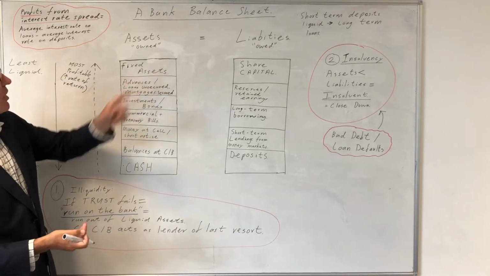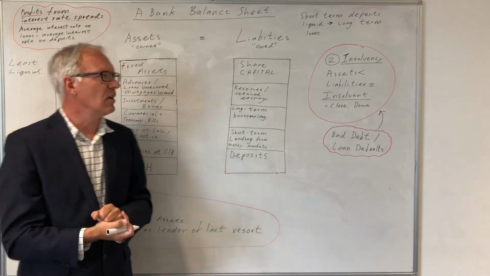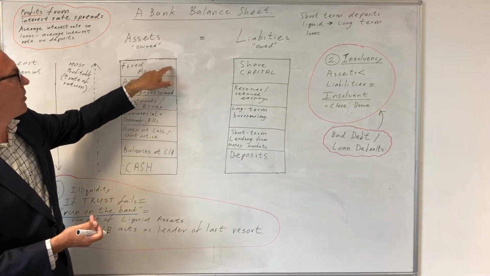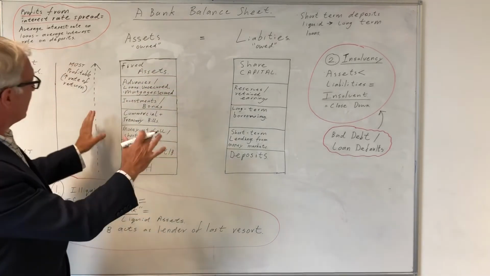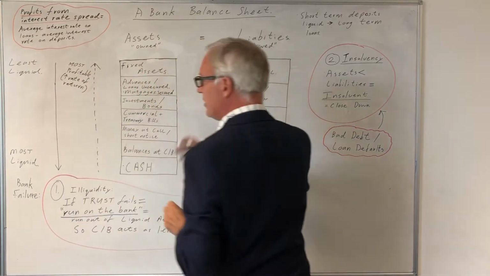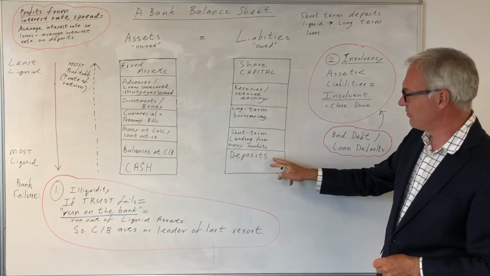Now, the bank obviously owns some fixed assets, such as its building, maybe land, and these are relatively illiquid because they'll take some time to sell. Okay, so that's all our assets, and on the liabilities side, we've got the deposits that we mentioned.